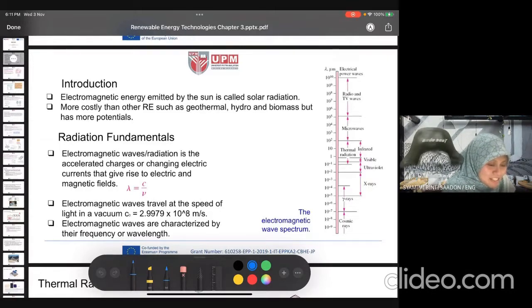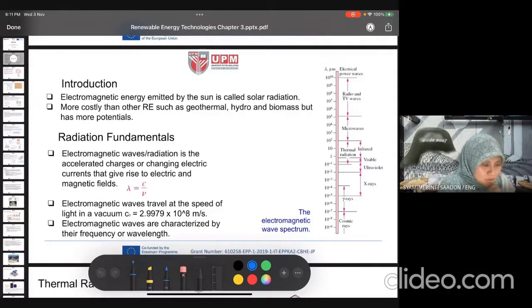This is the electromagnetic spectrum, from cosmic rays, the smallest, to electrical power waves. The solar radiation uses electromagnetic energy.